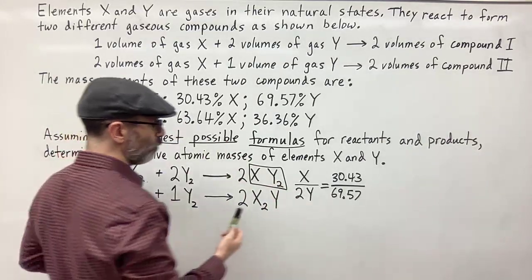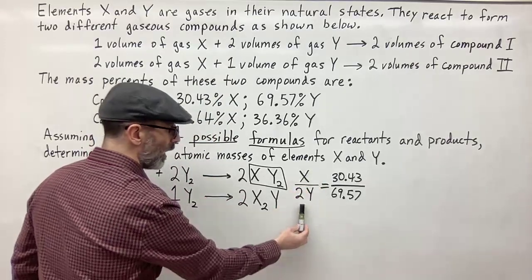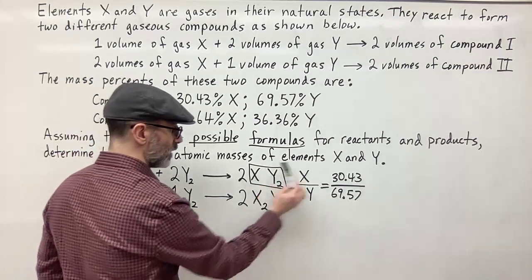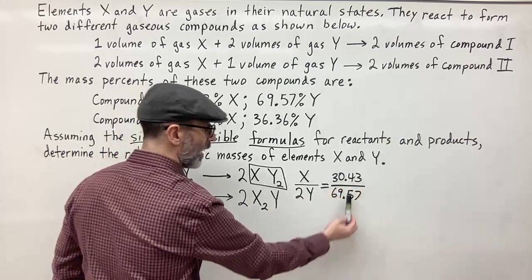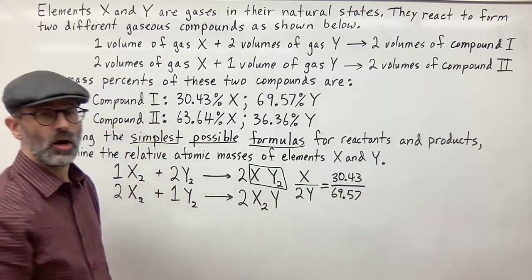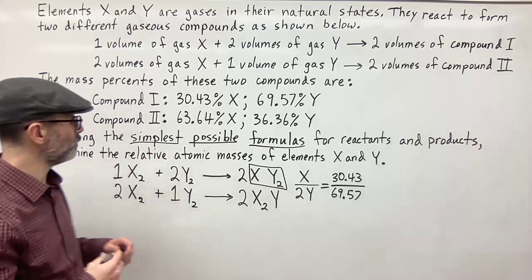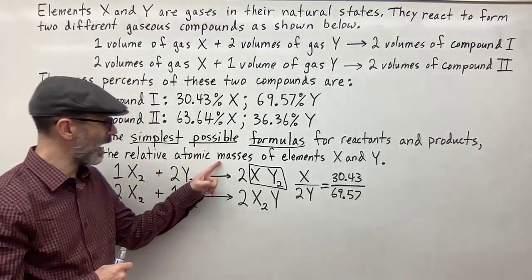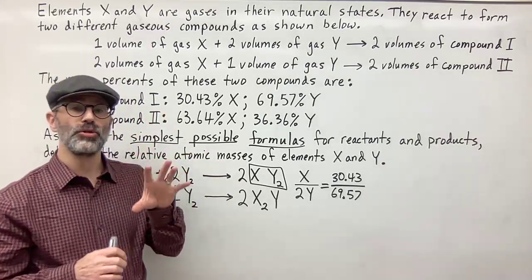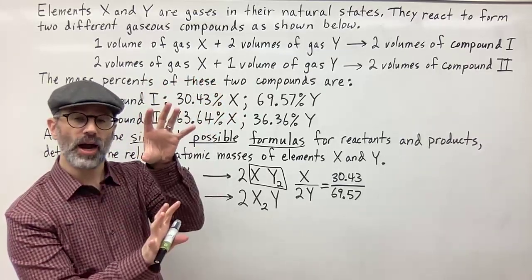So in this case now, I have the ratio of x to y in the compound, right? 2 y's in my compound, 1 x in my compound, and here's the percent by mass of the x and y in the compound. Now, they're not asking me for the percent mass, they're asking me for the relative atomic masses. The relative atomic mass is going to be the mass of 1x compared to the mass of 1y, right?